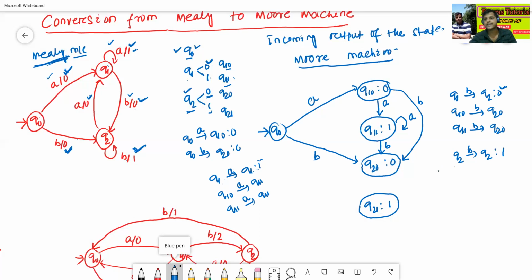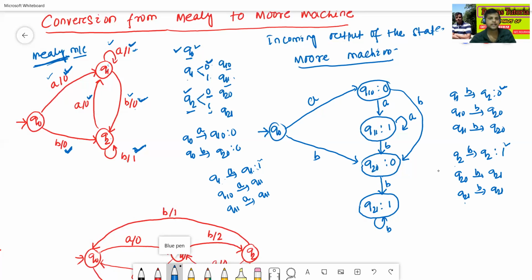So Q2 means there are two states, Q20 and Q21. Q20 reading B and Q21 reading B. Q20 reading B goes to Q2 with output 1, so that means Q21. Q20 reading B goes to Q21, and Q21 reading B goes to Q21.